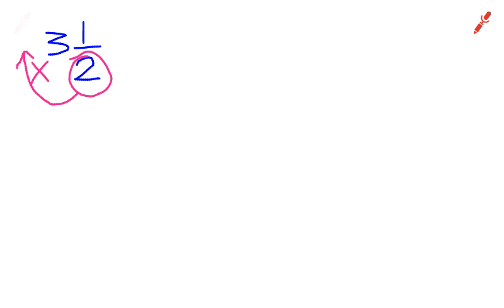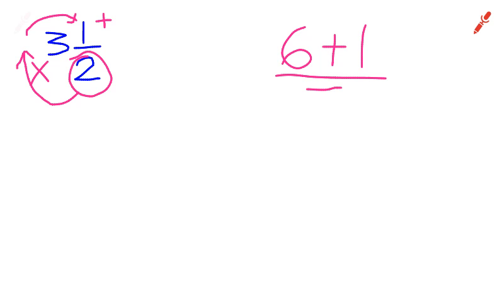So 2 times 3 will give us 6. That means there are 6 halves in 3 wholes. But there is 1 half left. So then we're going to add that one that is missing, plus 1, which gives us 7. And we are talking in halves every time, so 7 halves.